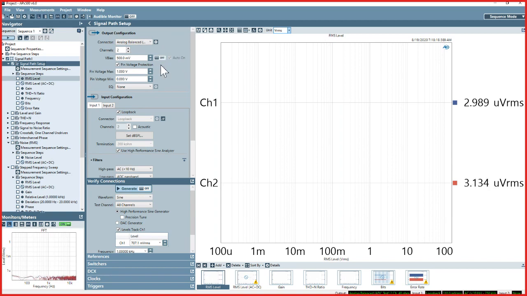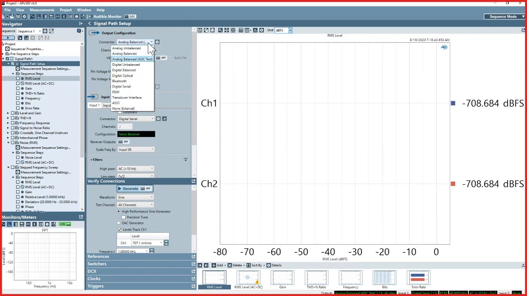Okay, so let me just plug some cables back in. And let's take a look at the input side of this equation. Let me disable loopback.